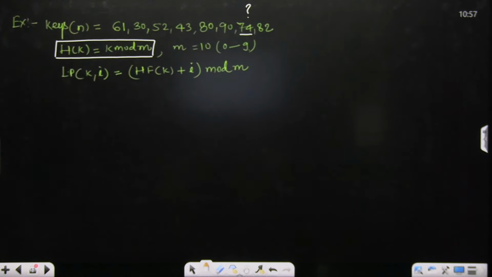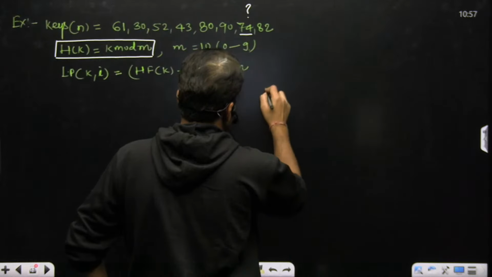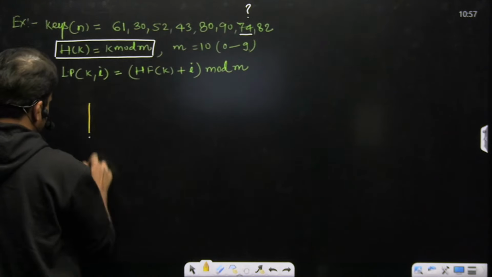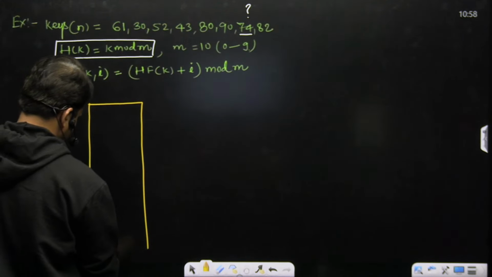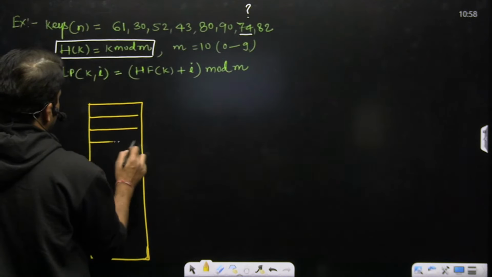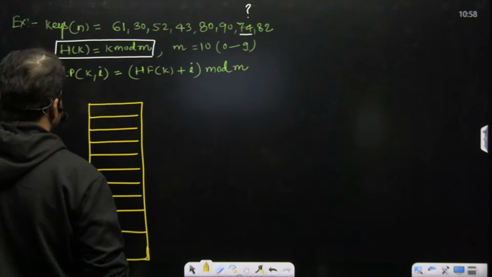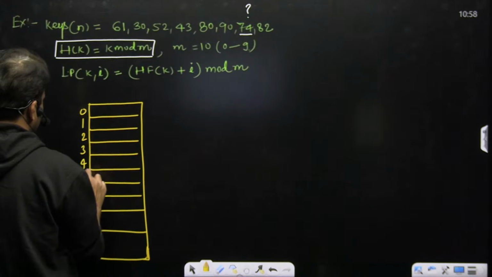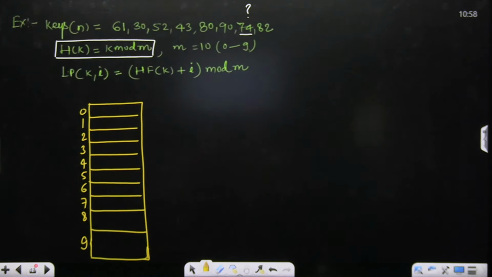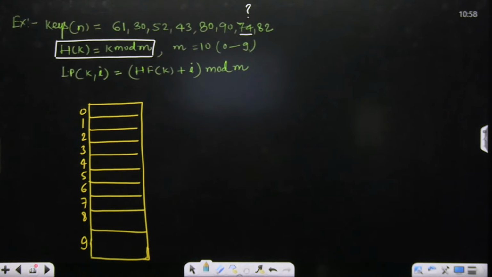So construct it. Initially, what does the hash table contain?